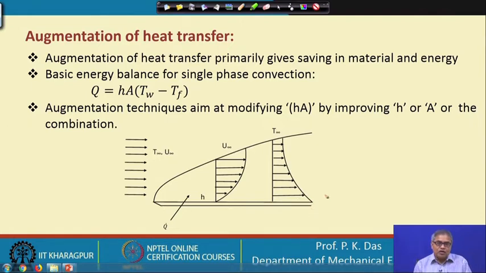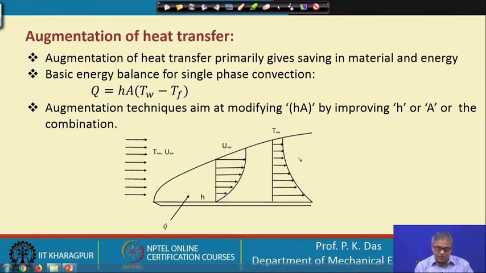This is some sort of solid surface on which there is a flow of a fluid, and the solid surface is kept at a surface temperature, let us say T wall, and the fluid is flowing over the surface with a velocity U infinity.